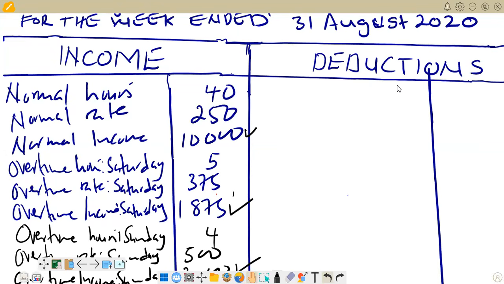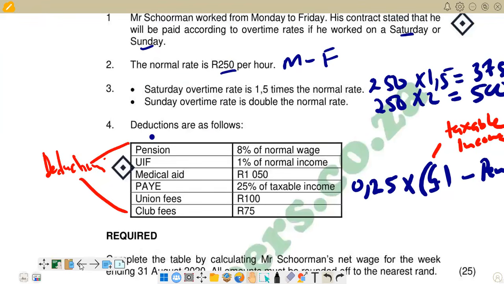Our normal wage is 10,000, and the instruction is that it's 8% of normal wage. So if you come back to the table, we see that pension is 8% of normal wage, and normal wage is 10,000.